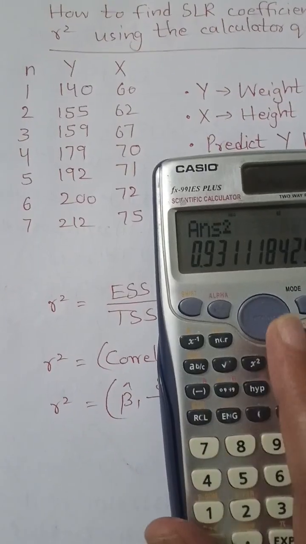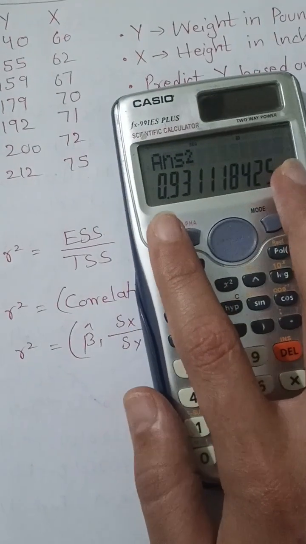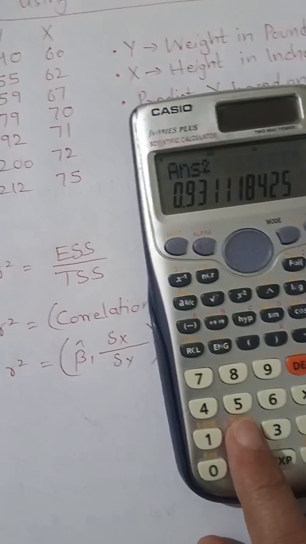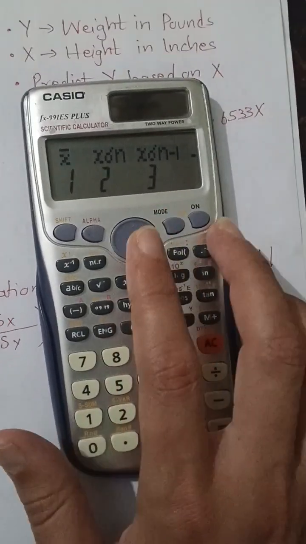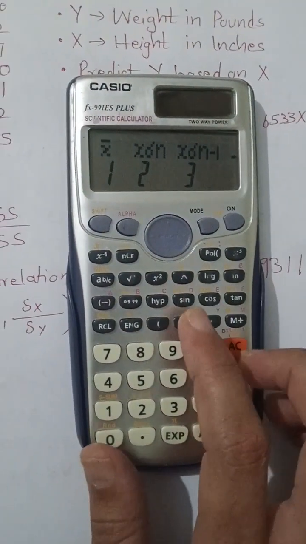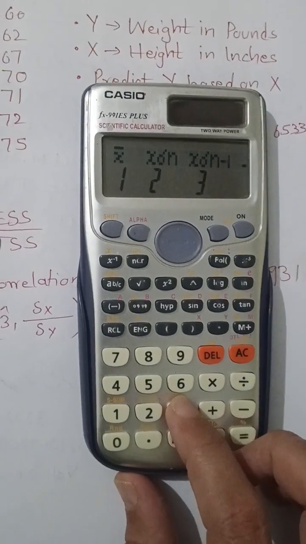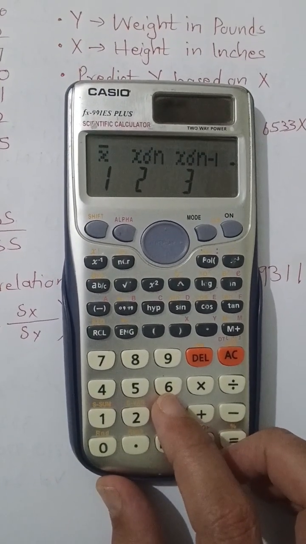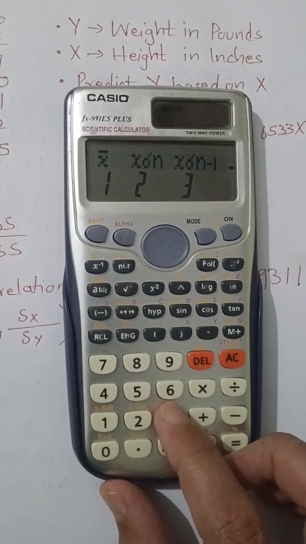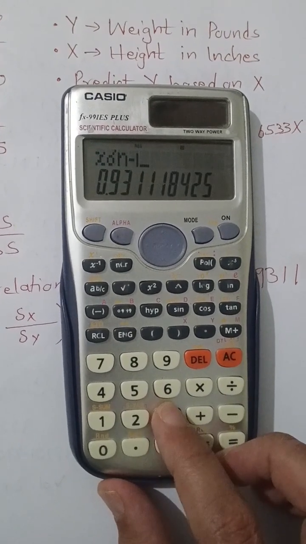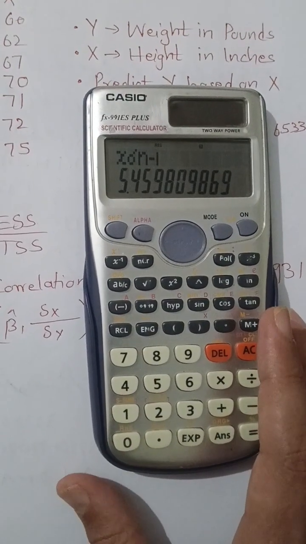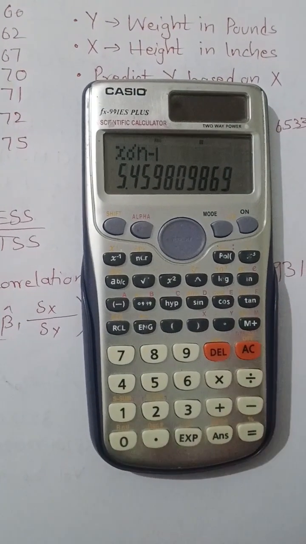The slope coefficient is already known, so we first find the standard deviations of both variables. Go to shift, press 2, then look at button 3. When we press this we will get the sample standard deviation of x. Press 3 and equal, and here is the sample standard deviation of x variable.